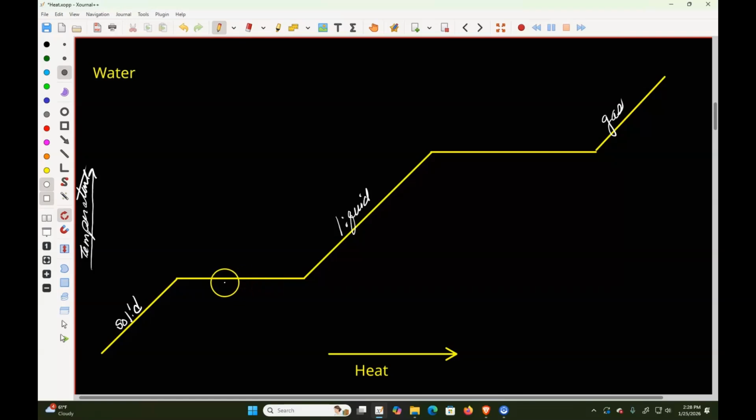Here along the first horizontal line, since I'm dealing with water, this will be 0 degrees on both sides. I can have ice at 0 degrees, or I can have water at 0 degrees. If I'm going in this direction, I'm melting. In the opposite direction, I'm freezing.